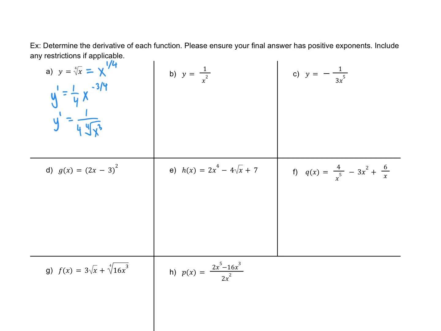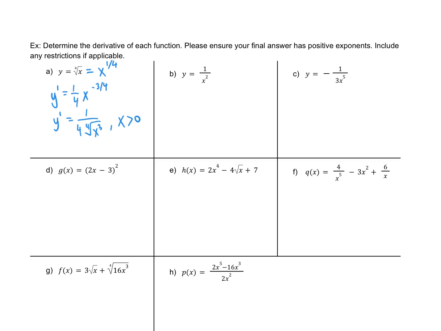And then my restriction here, because it is an even root, I do know that I'm going to have to write it as x is greater than 0, because I cannot take the 4th root or the even root of a negative number. Now, if I wanted to take this a step further, because typically we don't like radicals in the denominator, I can.